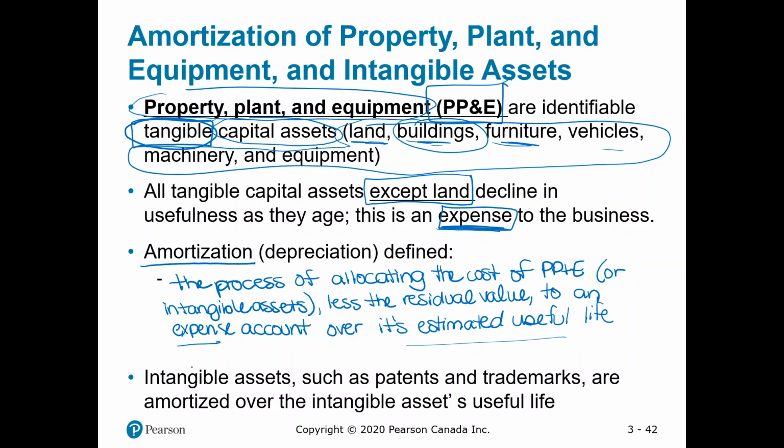And then next it says down here that intangible assets are also amortized over the intangible assets' useful life. So examples of this are patents or trademarks. And this intangible means that you can't see or touch the benefit.